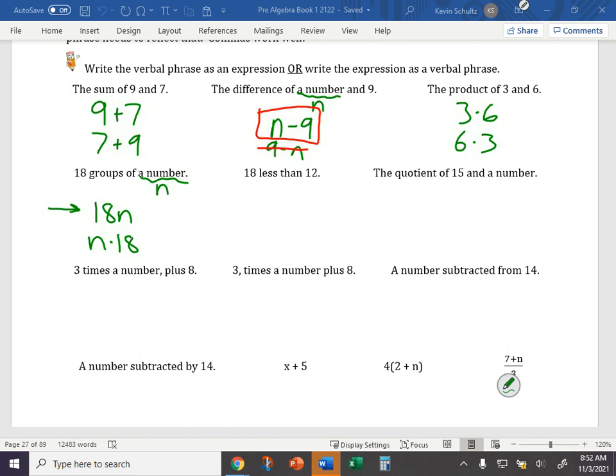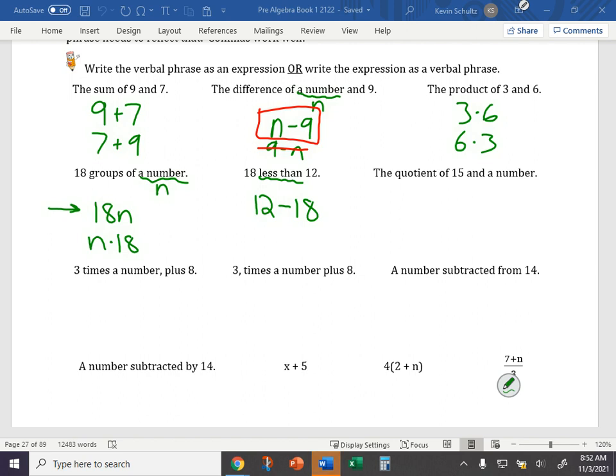The next one, 18 less than 12. 12 minus 18. Here's that example of that phrase less than. Which, if you look up above, means that order is going to be reversed. 18 less than 12 means you're starting with 12 and taking 18 less than that.